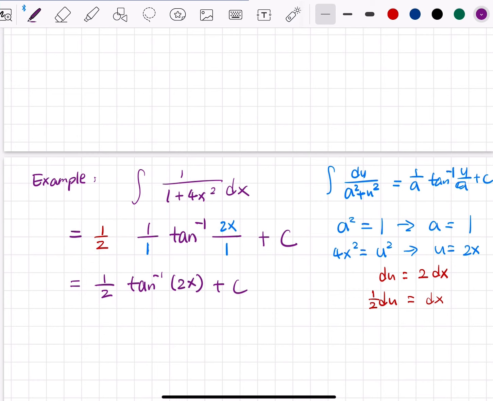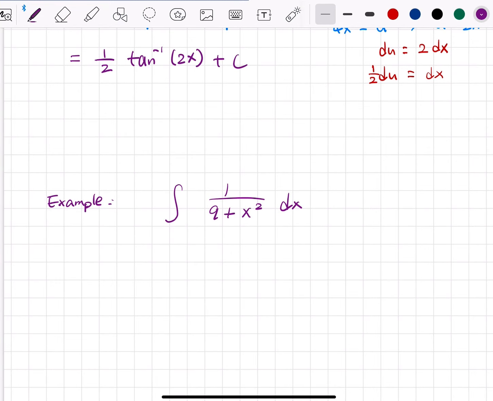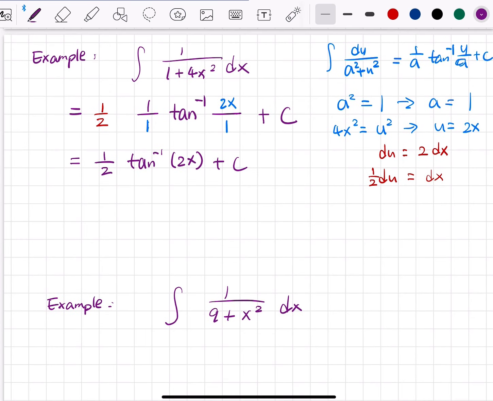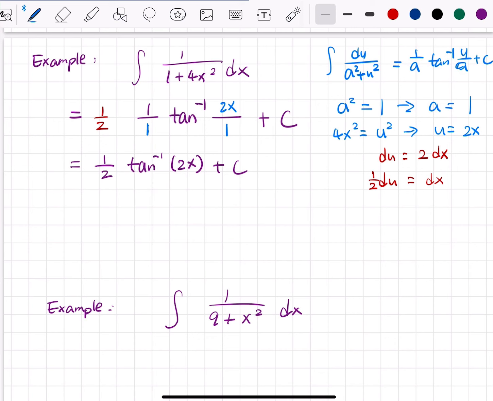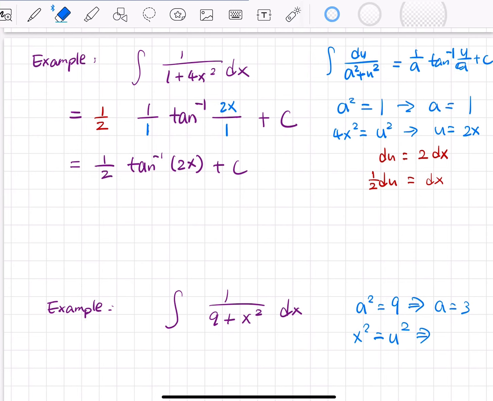I tried to do the color code so you know which number is coming from where. Then the last example we have is the integral of 1 over 9 plus x squared. We're using the same formula as the previous one. So a squared is corresponding to 9, which means a is equal to 3. x squared is corresponding to u squared, so that means u is equal to x. Then du is just equal to dx.